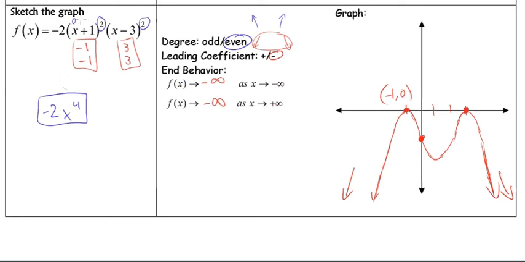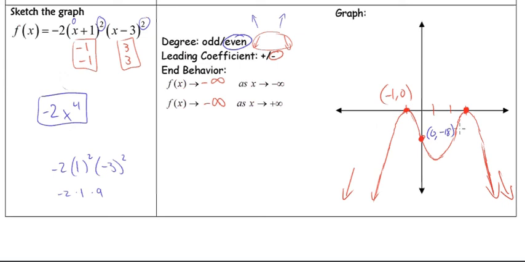If we had 0 plus 1 squared, that's 1 squared, times 0 minus 3, that's negative 3 squared, and then that times negative 2, so we have 1 times 9 times negative 2. So this point right here would be 0, negative 18, and so we've got some more information on our graph.